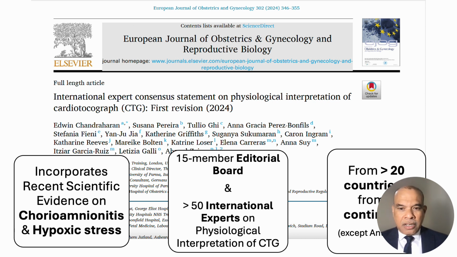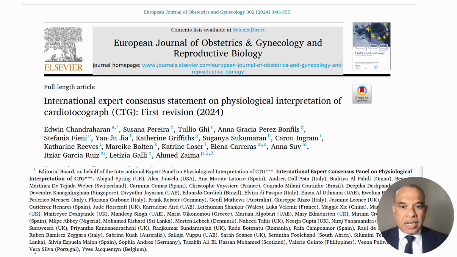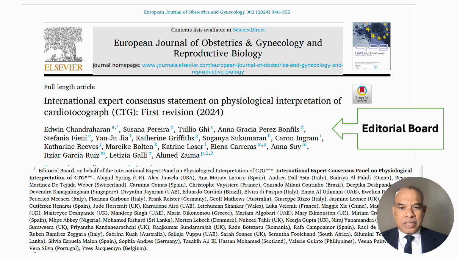So it was a large consensus group with experts who have been using physiological interpretation of CTG in their daily practice. Before I start, I would like to thank the members of the editorial board, who were selected based on their own expertise and showing positive outcomes after implementing physiological interpretation of CTG.